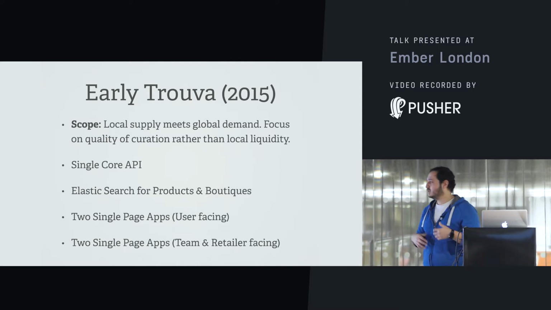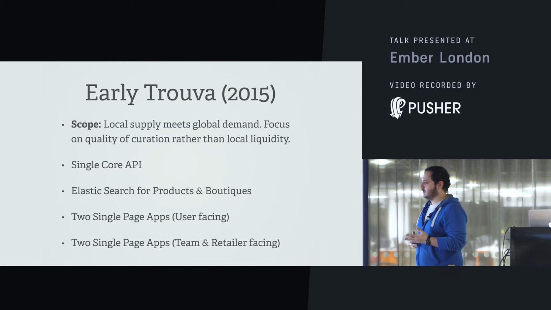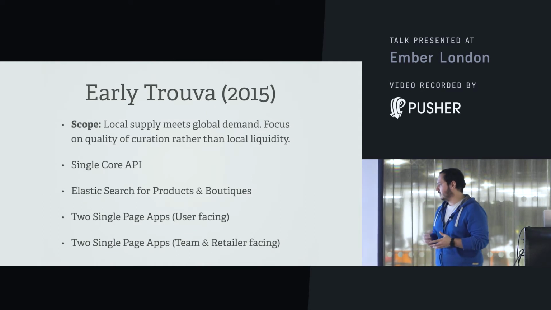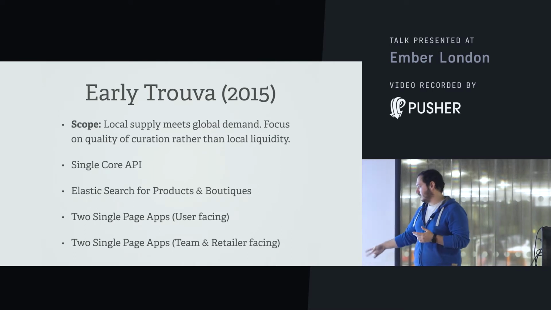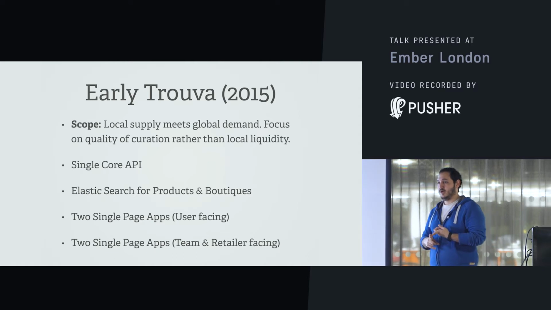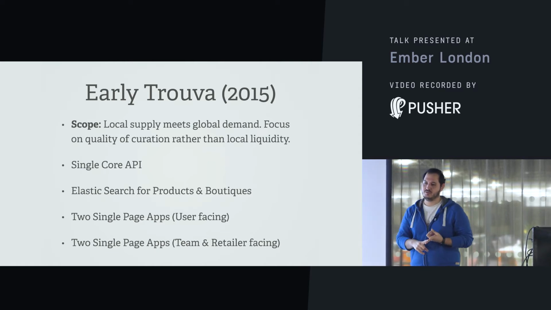So we decided, okay, we're going to rebrand Streethub and create this new brand called Trouva. And in order to meet all of the criteria that we wanted to meet, we decided we're going to create 4 single-page apps. One of them is Trouva.com, which is where you can buy products, where you can add products to your basket.